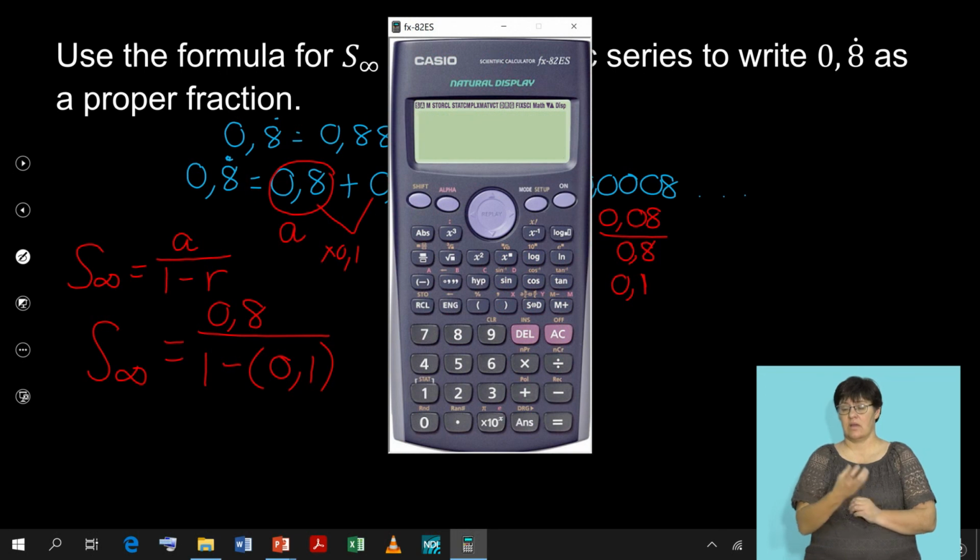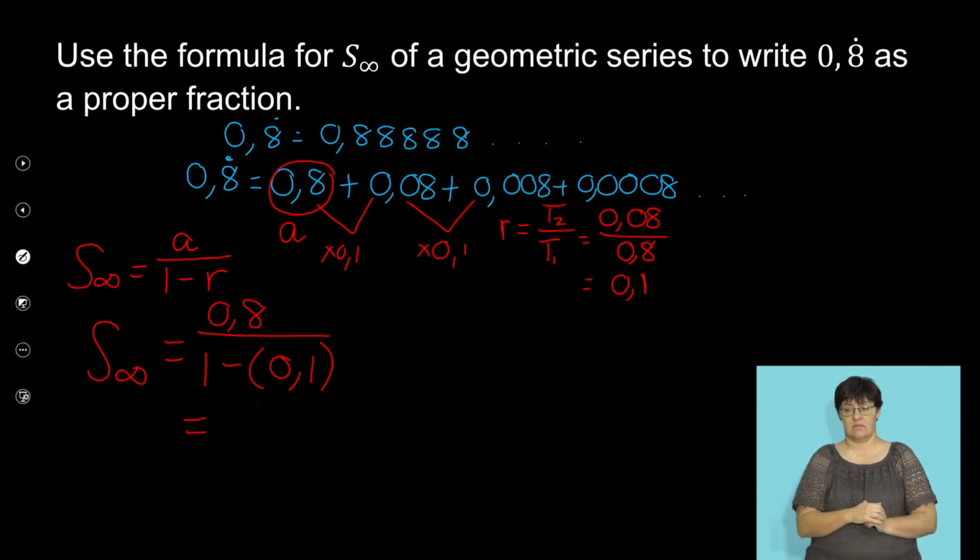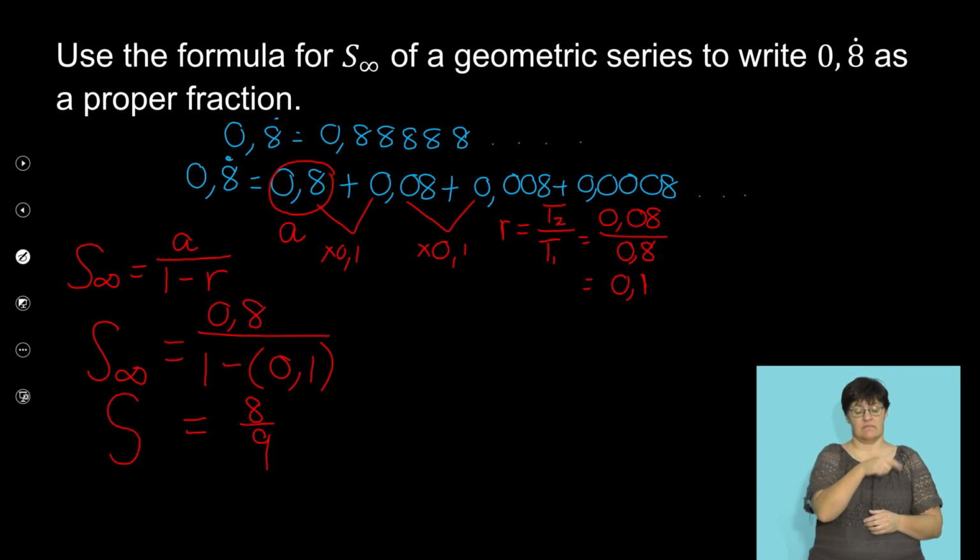So I'm going to have 0,8 over 1 minus 0,1. This is going to give me a final answer of 8 over 9. So the sum to infinity for 0,8 recurring can be written as 8 over 9.